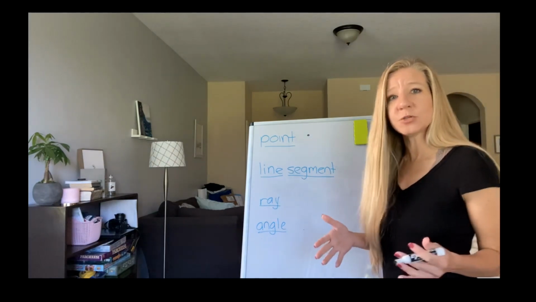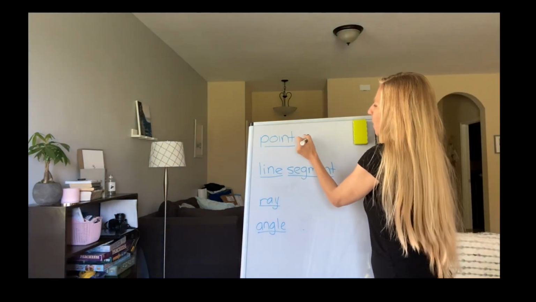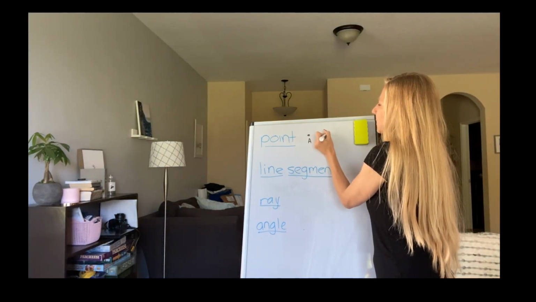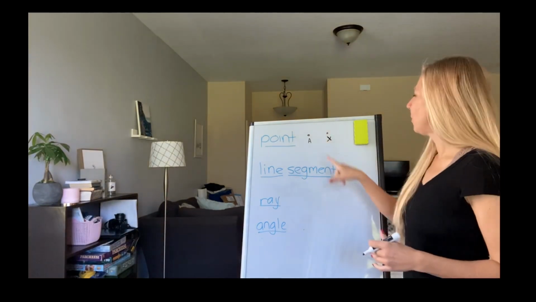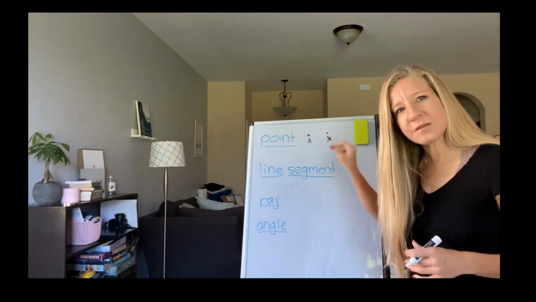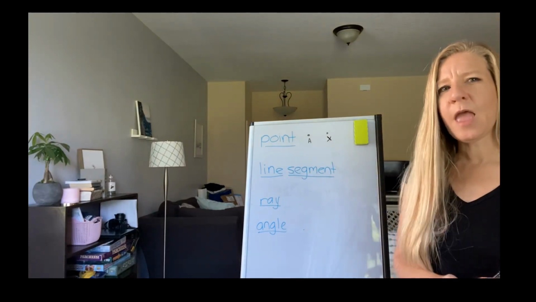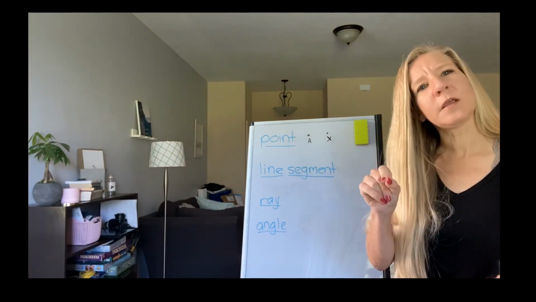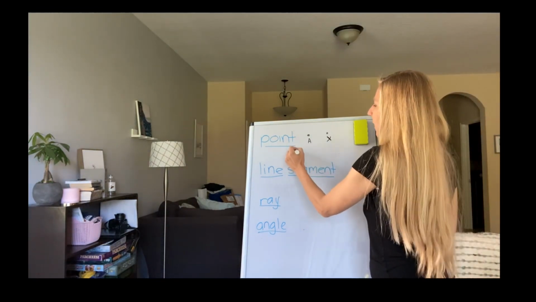That's how in geometry we identify points with letters. So say point A or point X, any letter you like. So points are specific individual locations on a flat surface, and they are marked with a small dot, and their name is a letter. So this would be point A.